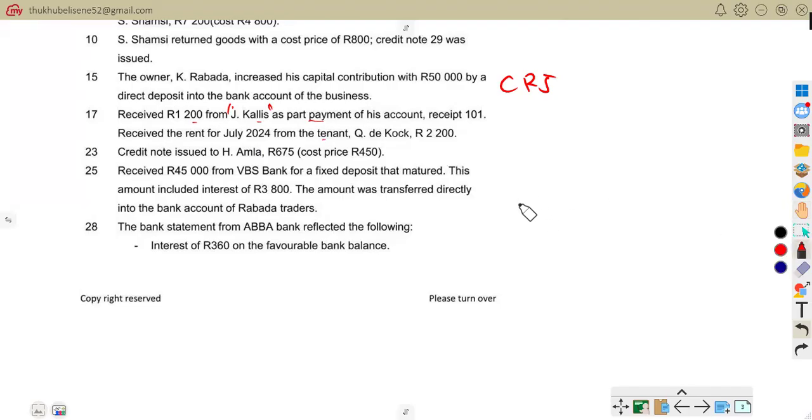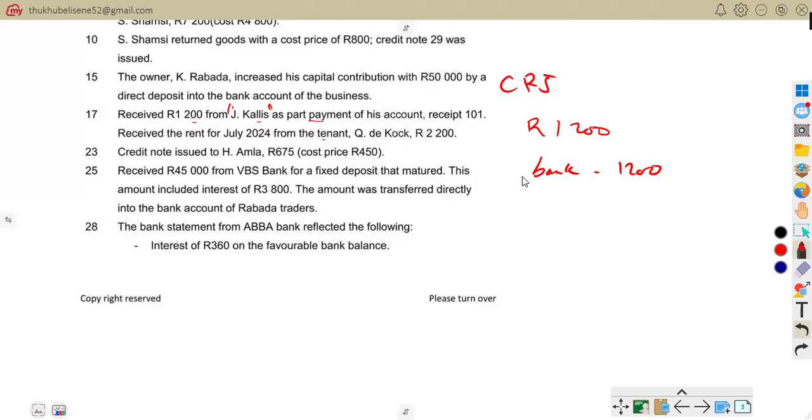We are saying it is on the 17th July. J. Gallis pays how much? J. Gallis on the 17th pays 1,200. This is our debtor paying. So the money is going to go into the bank, 1,200.